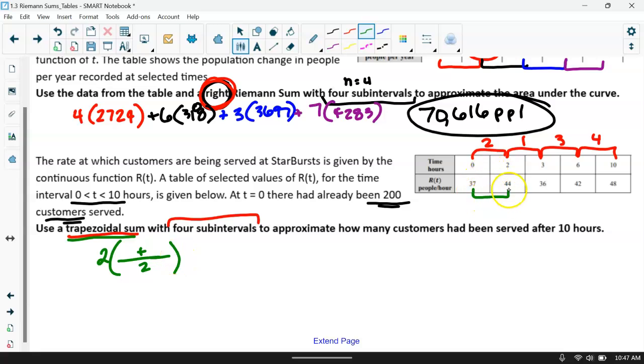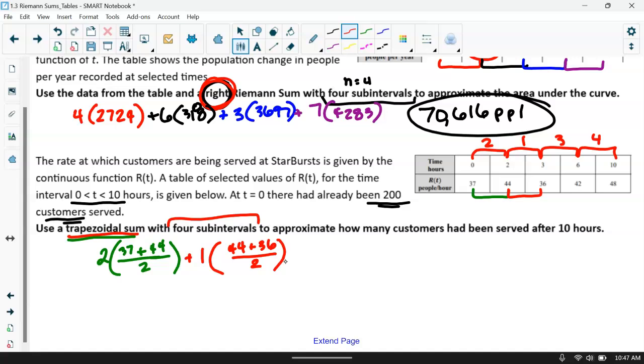So here the two heights are 37 and 44. So then plus, the next would be 1 times 44 plus 36. Find the average, so divide by 2. So go ahead and pause and finish the setup, and then let's see what you get.